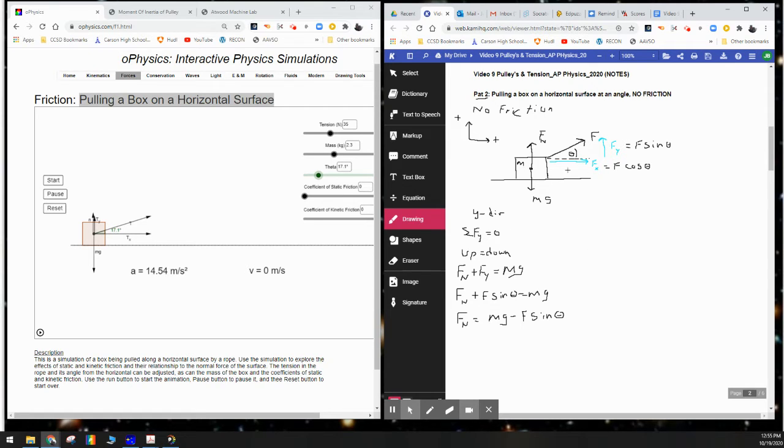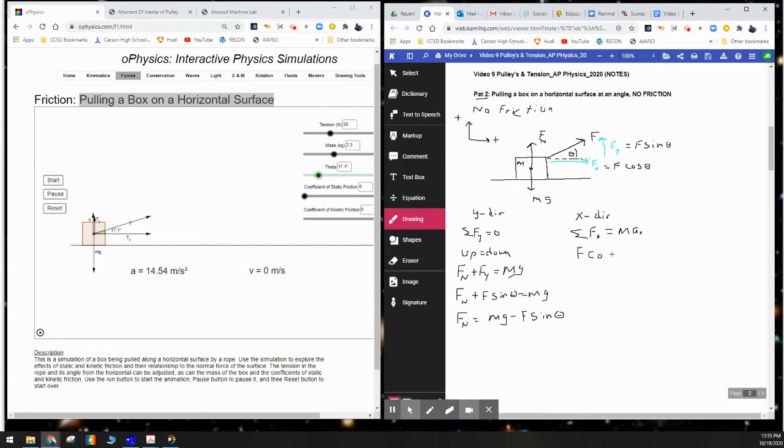Now this is accelerating in the x direction. So we'll go over here and do the x direction, and we'll say the sum of the forces in the x direction is equal to m times a, and we could write ax for the x direction. And so the only force acting here is F cosine theta.